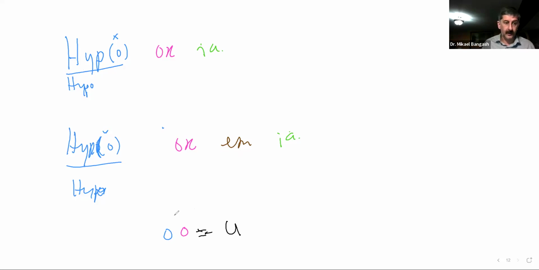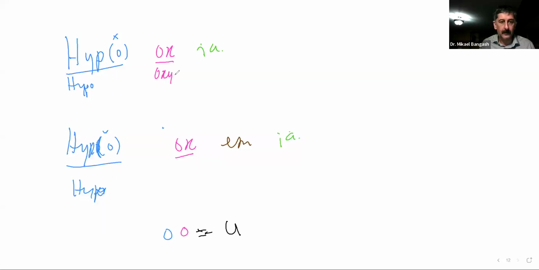Whereas there was ox here. Now this ox doesn't mean a male cow or a bull. This means it's coming from oxygen.